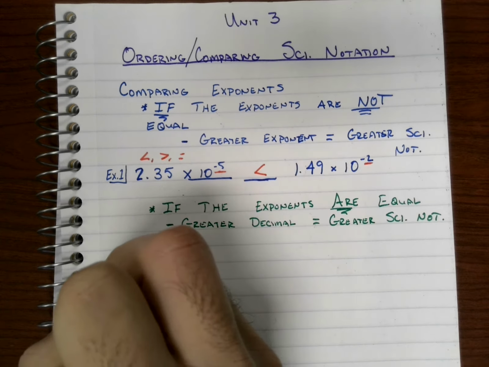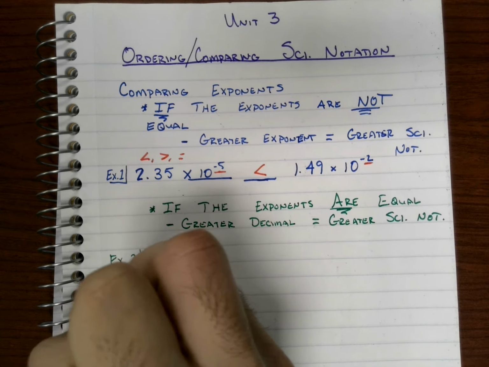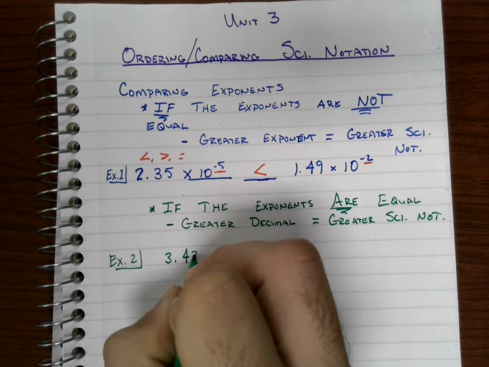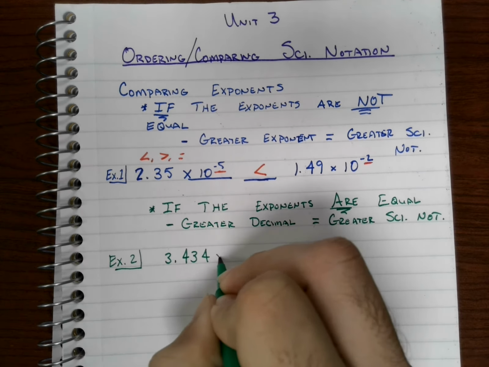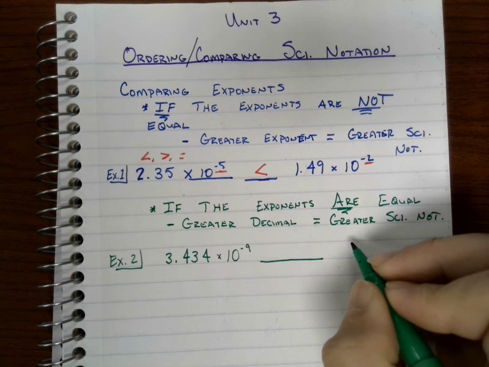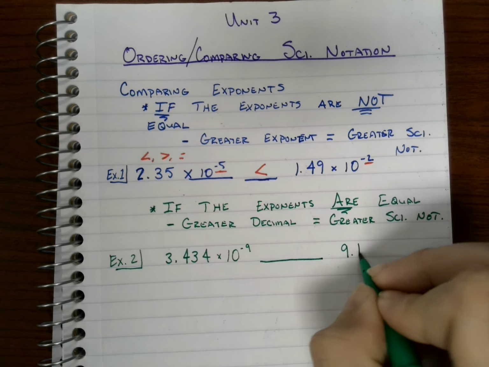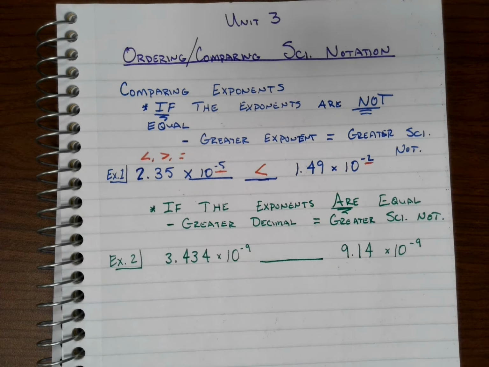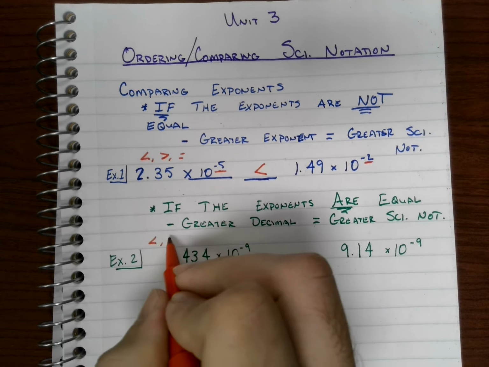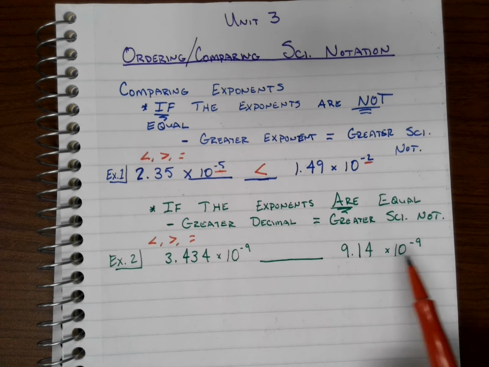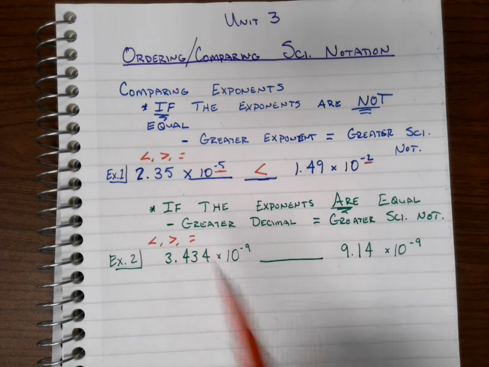Here's our example. Let's say we have 3.434 times 10 to the negative 9 and 9.14 times 10 to the negative 9. Again, we're looking for less than, greater than, or equal to. Our exponents are the same, so we can't use the method up above.